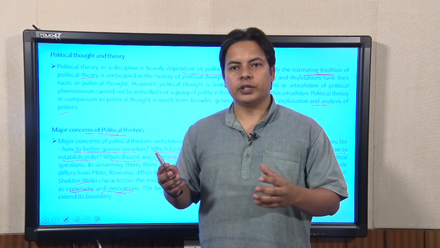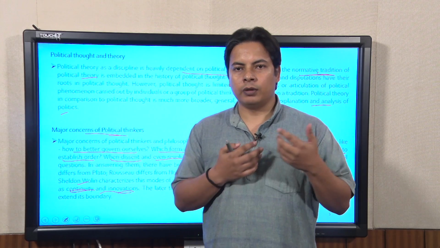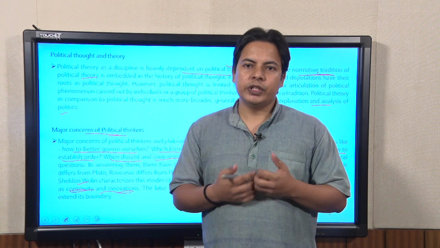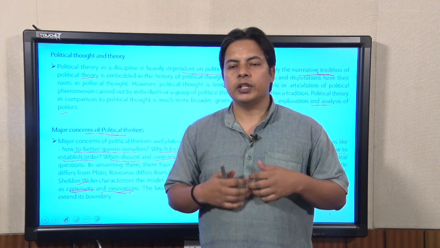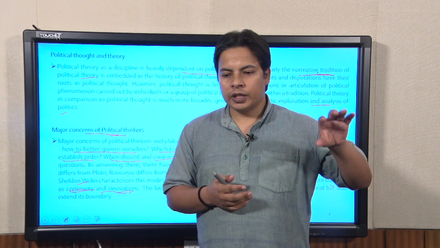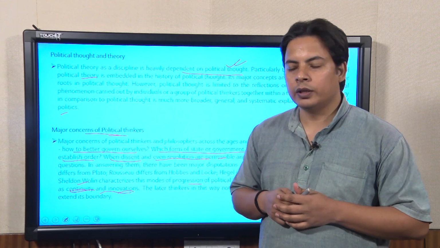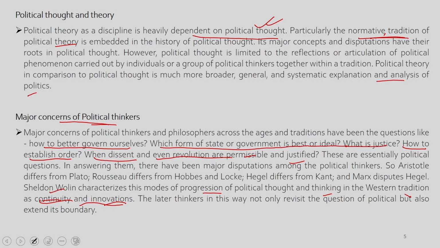They differ from each other. Similarly, Karl Marx and Hegel dispute each other's political assumptions, but in that disputation there is a kind of continuity and also innovation, according to Sheldon Wolin, in the Western tradition of political thought, which we will see over the course of 12 weeks.